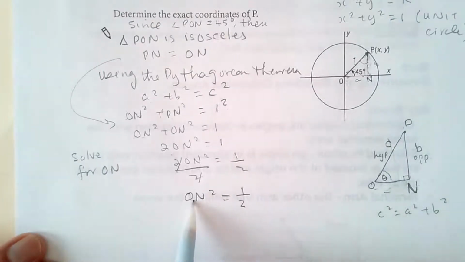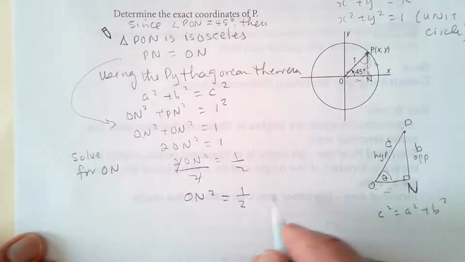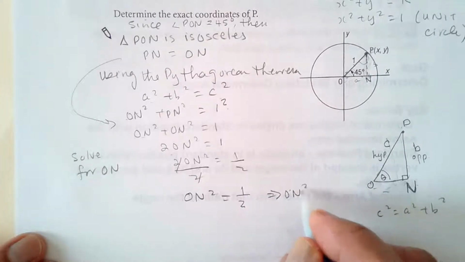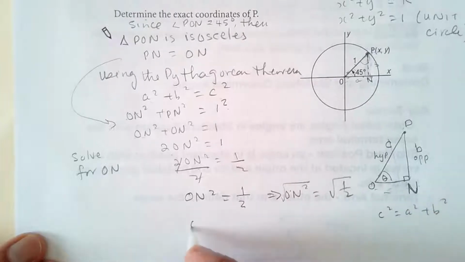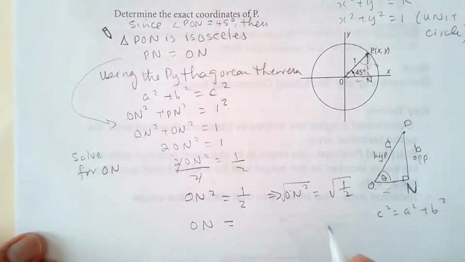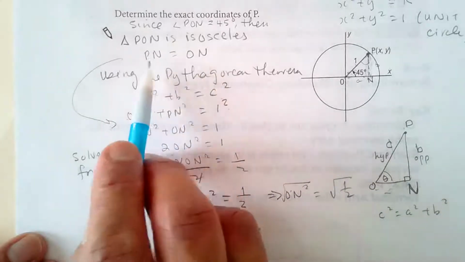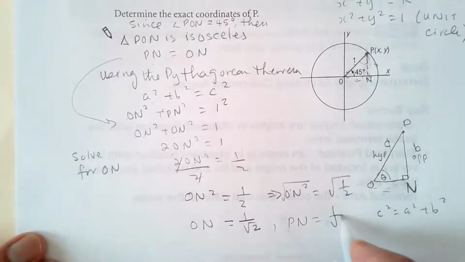Now we want to get rid of this square, so we square root both sides. So ON is equal to 1/√2. Now, since ON is equal to PN, PN is also equal to 1/√2.